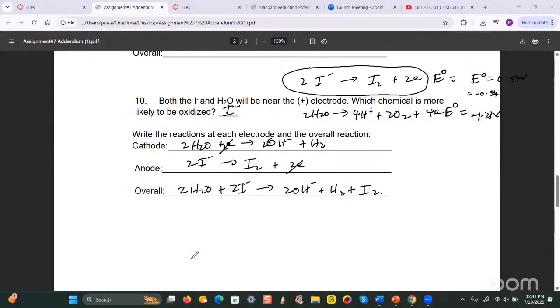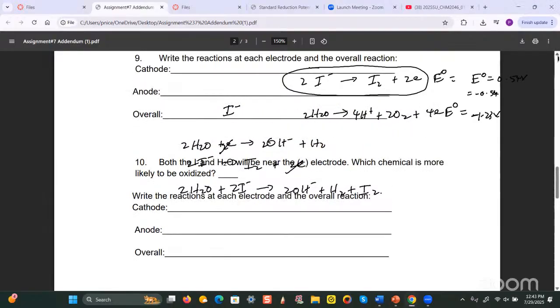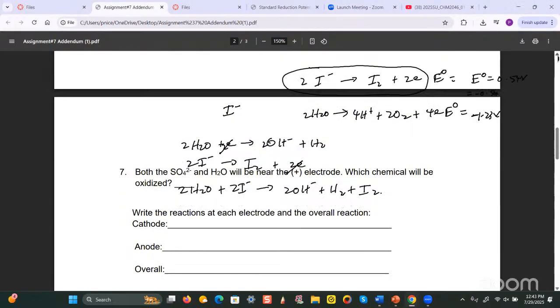All right? And also, for number 7, we did the cathode and the anode was both water. So how come they were both water? Well, water is one of the species that would potentially undergo a change, oxidation or reduction, depending on the electrode. So you have to consider that. You have to consider the oxidation of water at the anode, and you have to consider the reduction of water at the cathode, right?